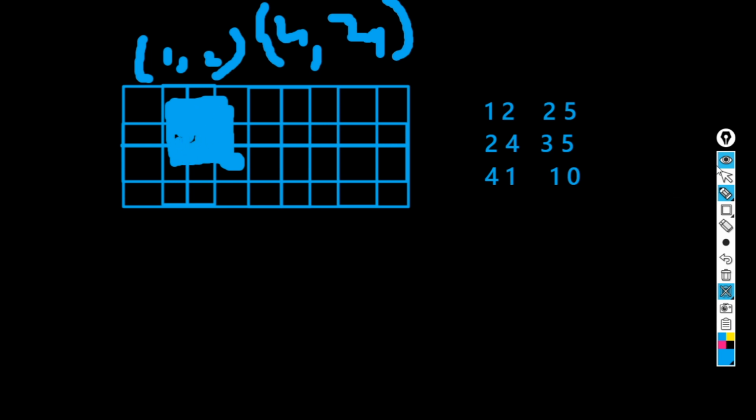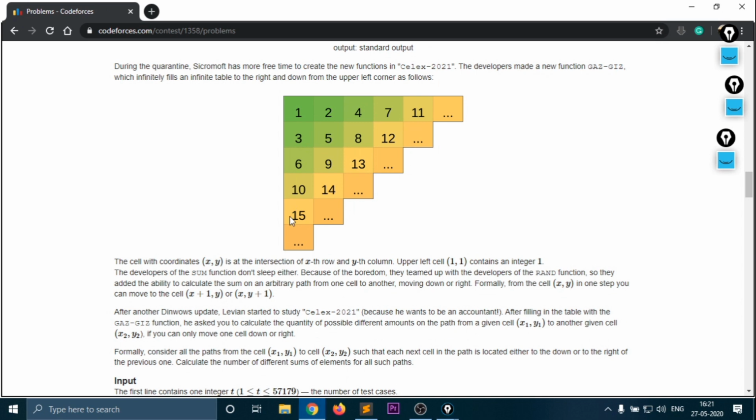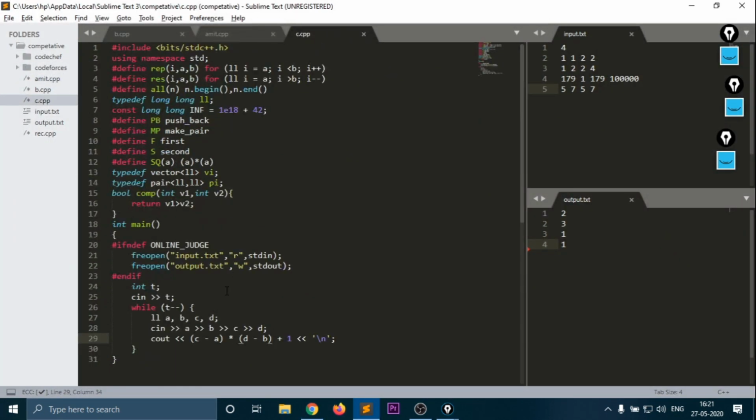And the formula was that we have to take input and subtract the initial values of both points from the final values of both points, sorry, the x coordinates of both points and the y coordinates of both points, subtract them from each other for the x coordinates and y coordinates and add one for the extra move, and then the question becomes easy and the solution comes. And this is a very simple question but a tricky one to observe the condition.